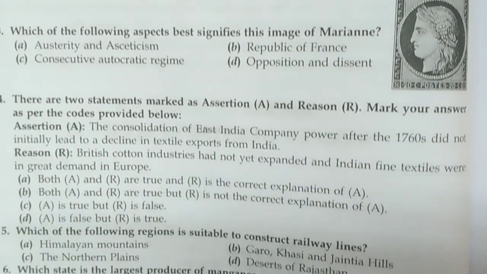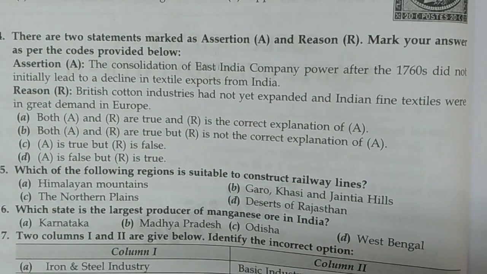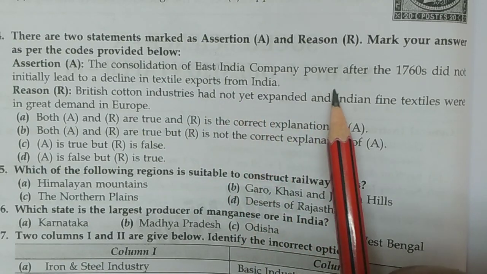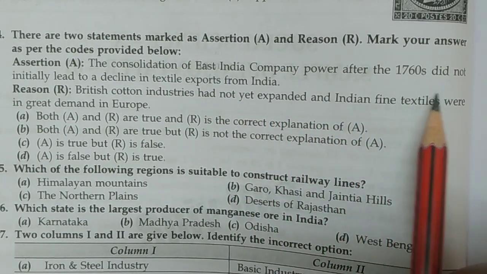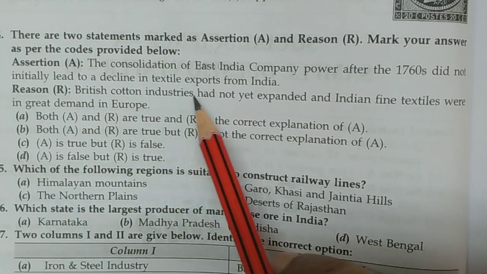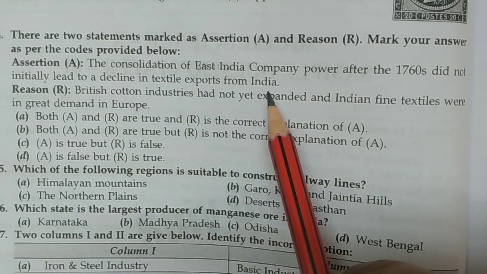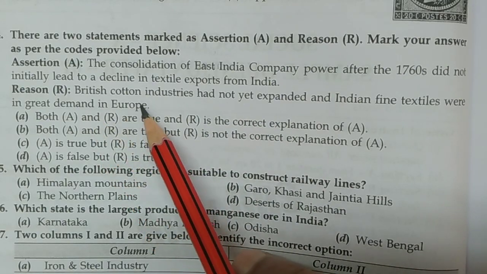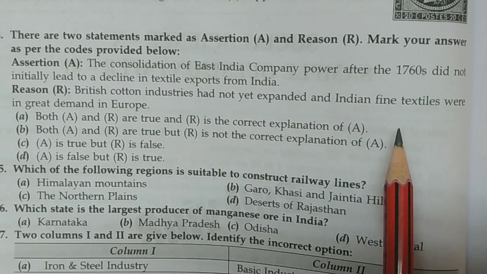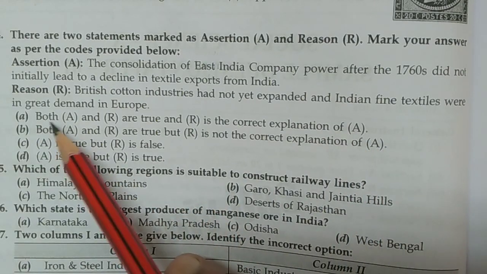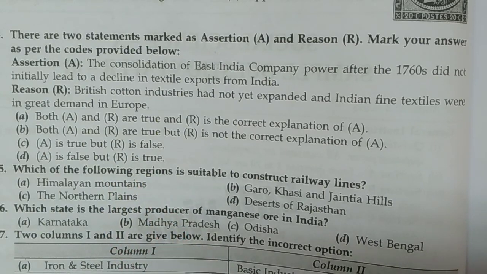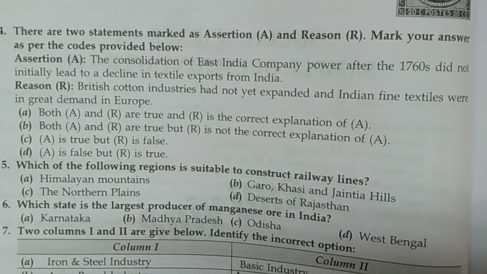Assertion A: the consolidation of East India Company power after the 1760s did not initially lead to a decline in textile exports from India. Reason R: British cotton industries had not yet expanded and Indian fine textiles were in great demand in Europe. You have these options here, so you can find the correct answer.